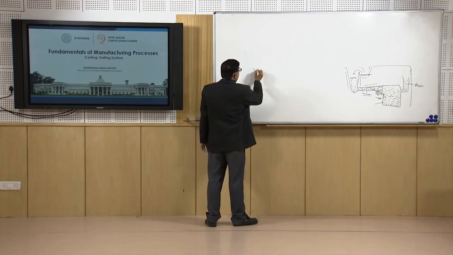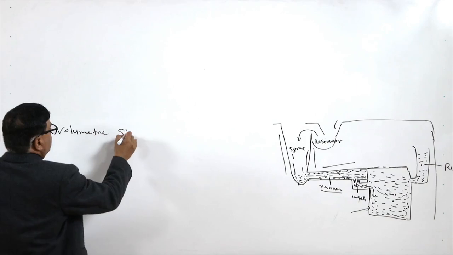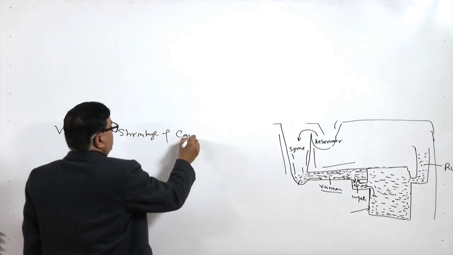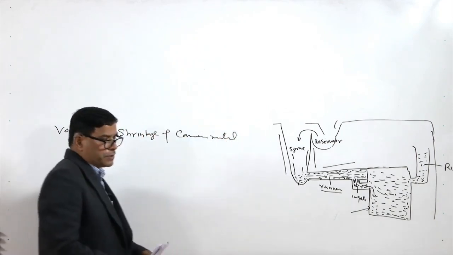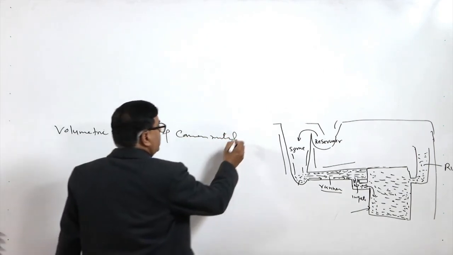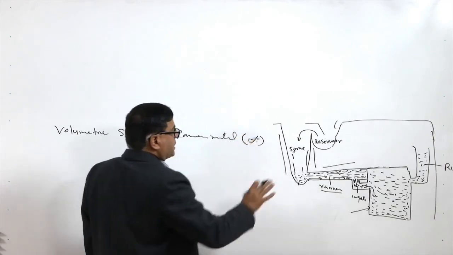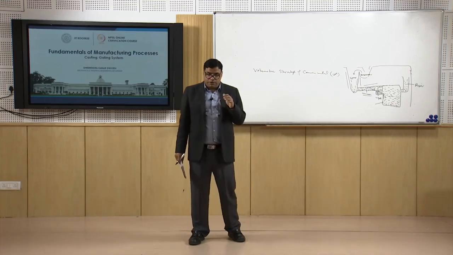So, what we need to see is the volumetric shrinkage of the common metals. This will be used because it is always expressed in terms of the percentage of the volume of the casting, unlike the shrinkage allowance for the patterns.